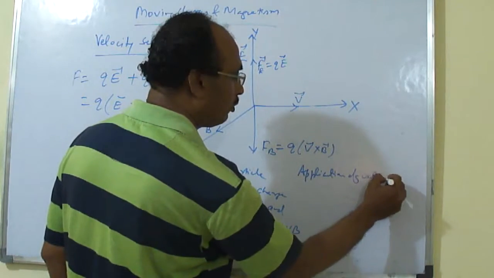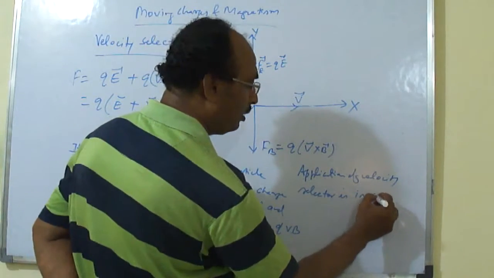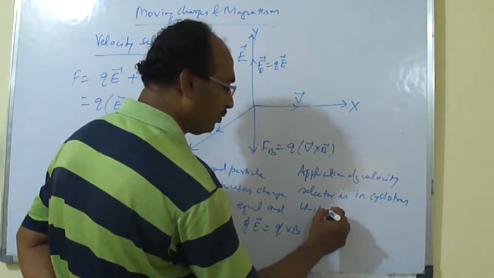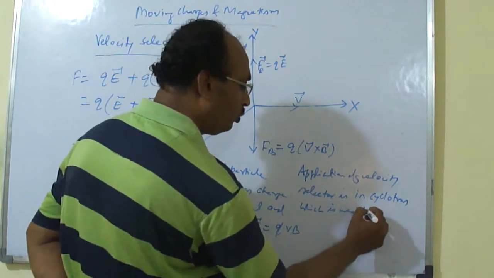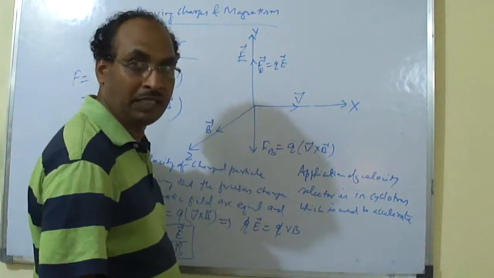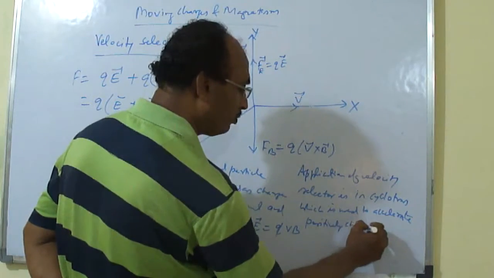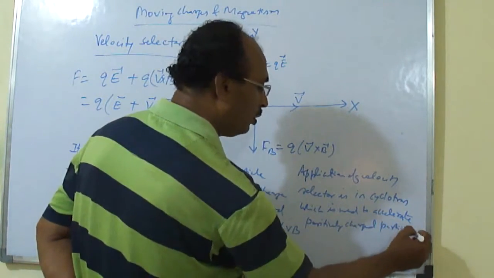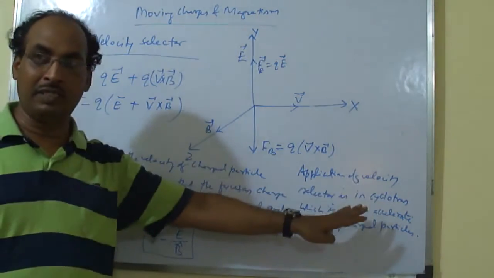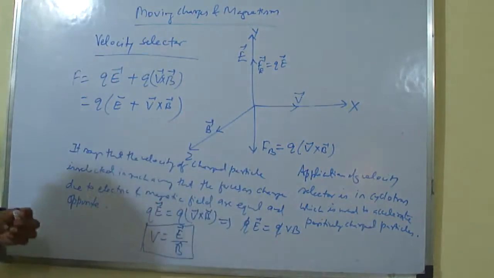The application of velocity selector is in the cyclotron, which is used to accelerate positively charged particles, not electrons. Protons, alpha particles can be accelerated, but not electrons. Electrons will get affected.